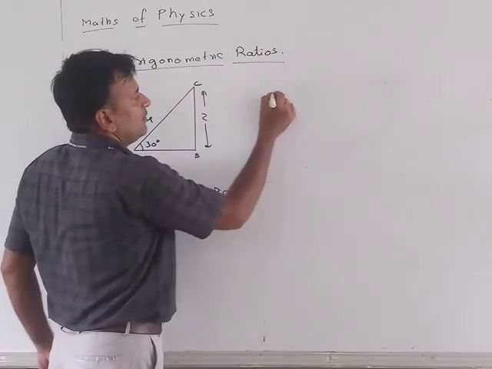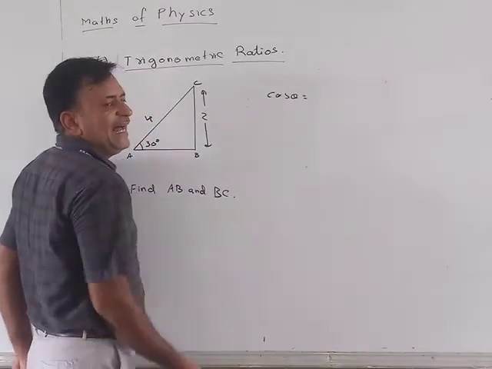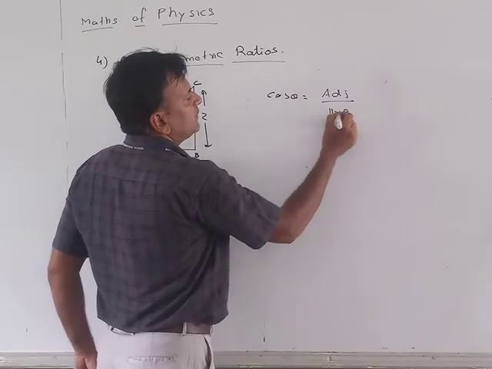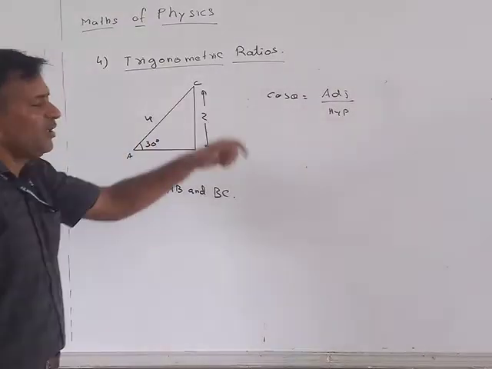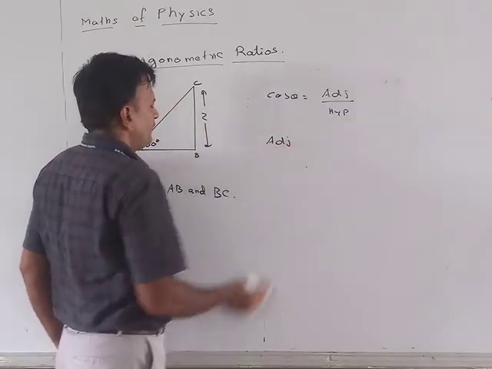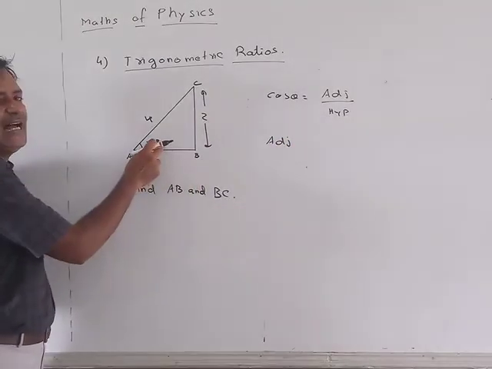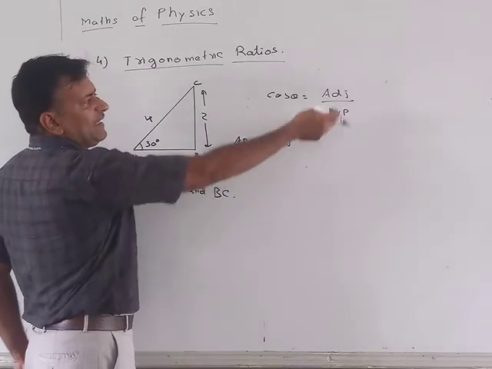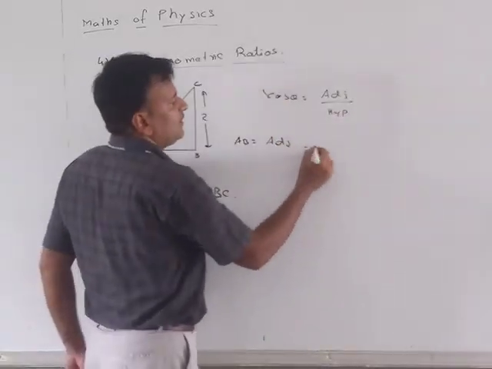Now finding cos theta, which is adjacent side over hypotenuse. What is the adjacent side? This is theta, so the adjacent side is AB. The adjacent side according to this formula will be what?